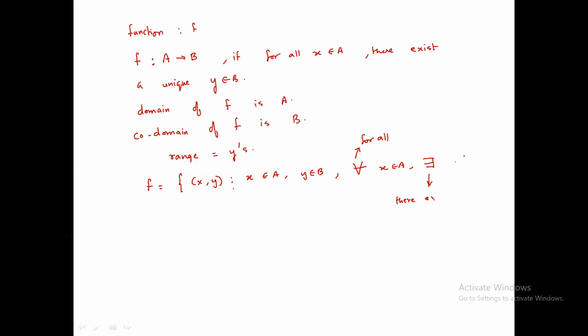Instead of writing there exists, I'll write this symbol. There exists a unique, single, one and only one Y in B. This is how you can define the function in set builder form. Remember, X is pre-image of Y. Y is image of X.